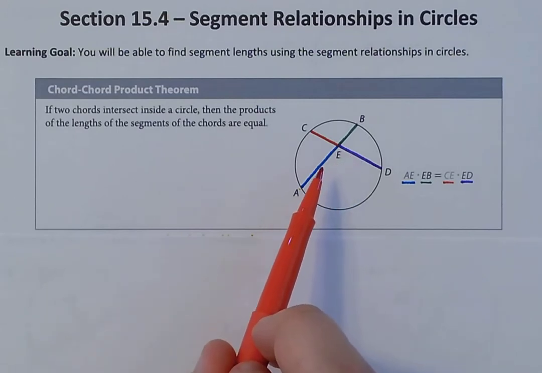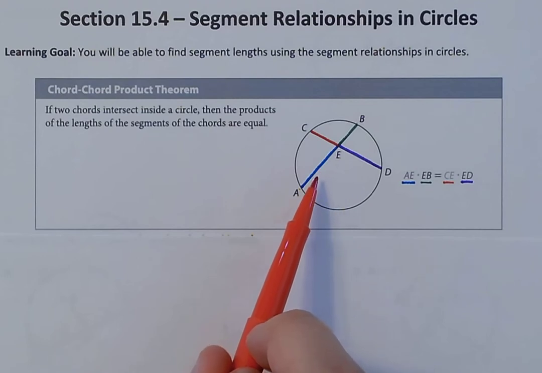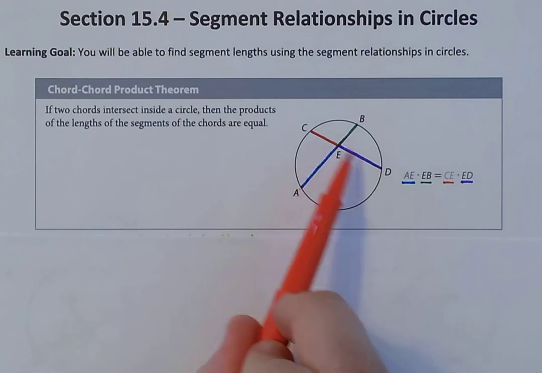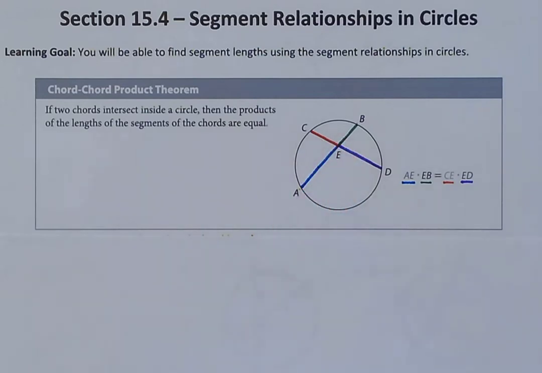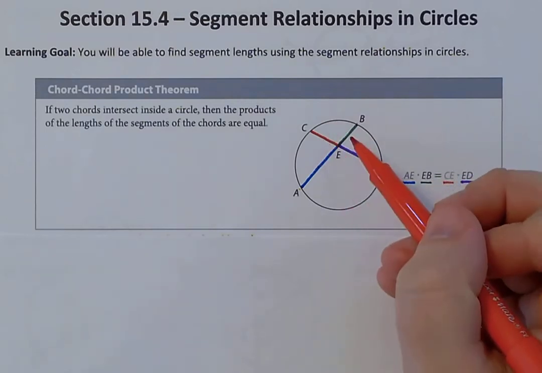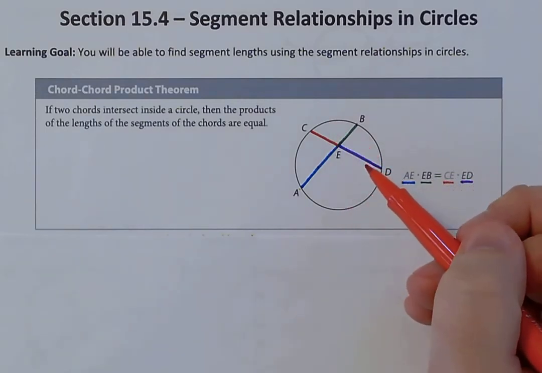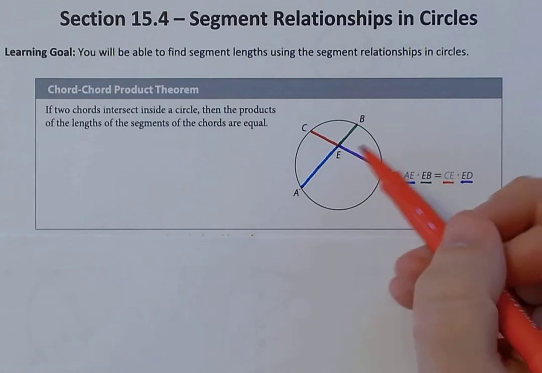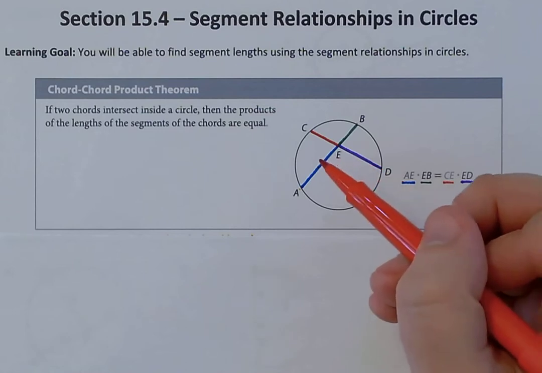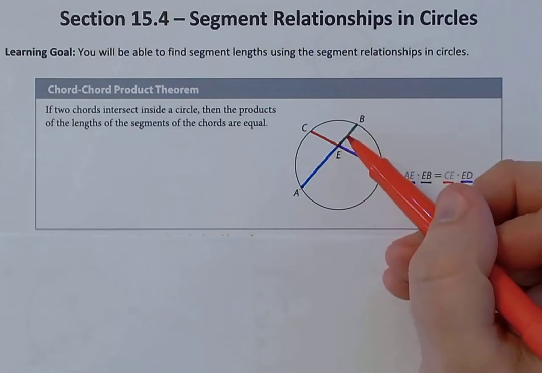That the segments of the chords, you can multiply their values together and they equal the other chord's segments multiplied together. So what we're going to use this for today in example 1 is they will tell us the measure of three of the different segments, and you have to find a missing segment. So you would do like 3 times x equals 4 times 5, per se.